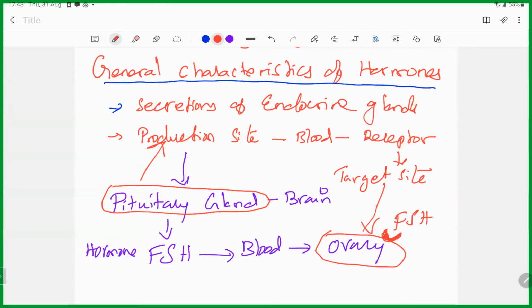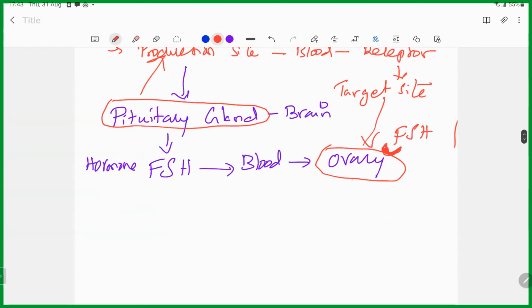Only to the ovarian tissue this can bind. And then what is the response? What will the ovary do? From pituitary, the FSH comes. Maybe oogenesis. The ovary will do oogenesis.